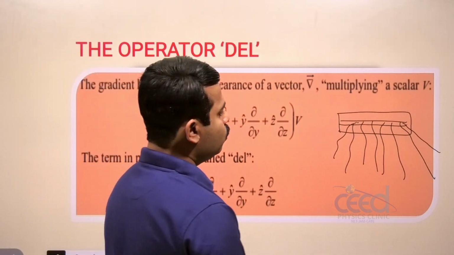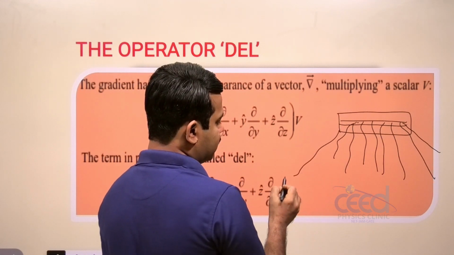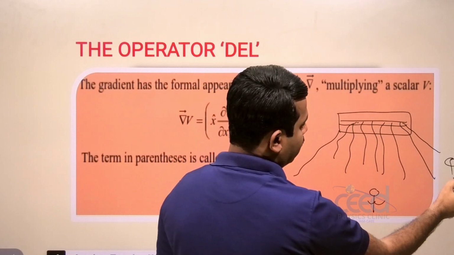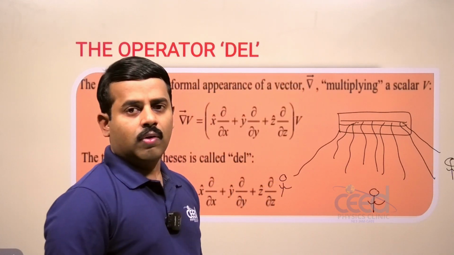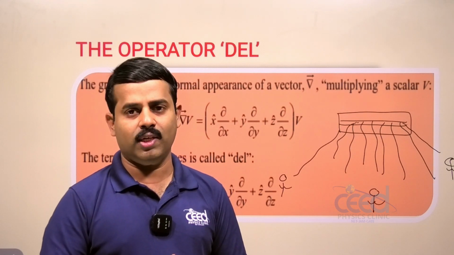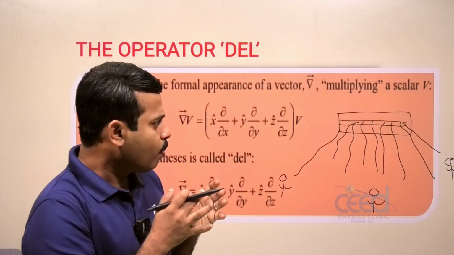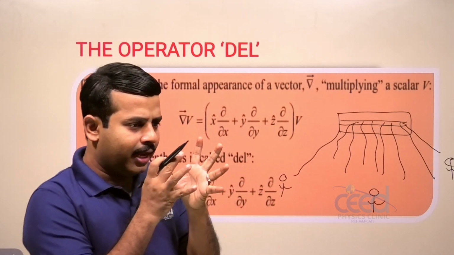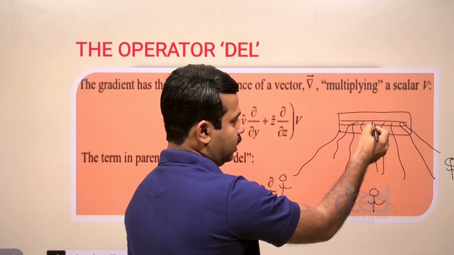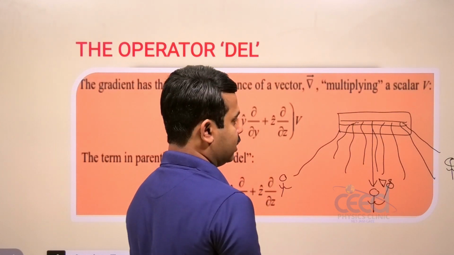Suppose I located three persons at different positions in a room, and you fixed your AC here. Now which is the direction normal to this surface of the AC? This one. So this is the del phi direction.